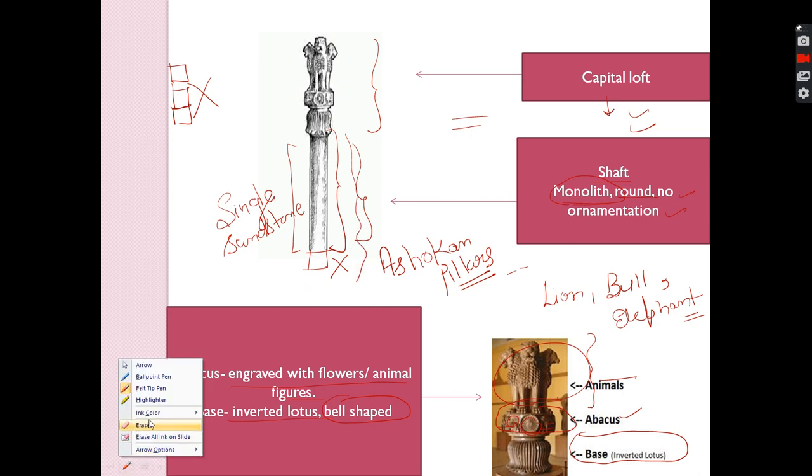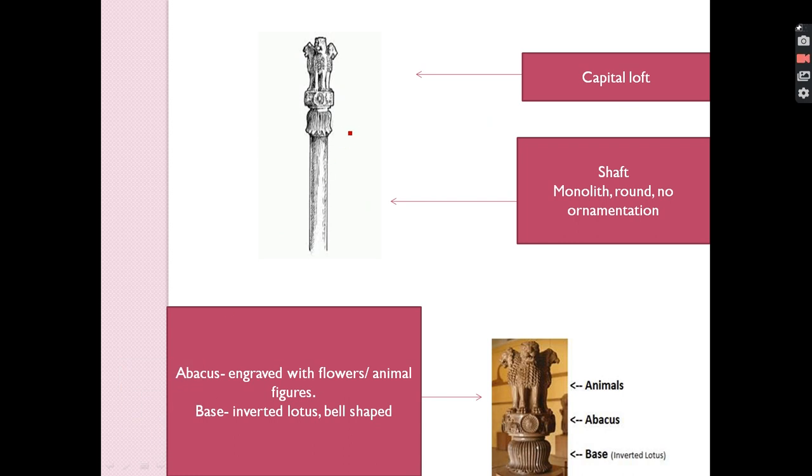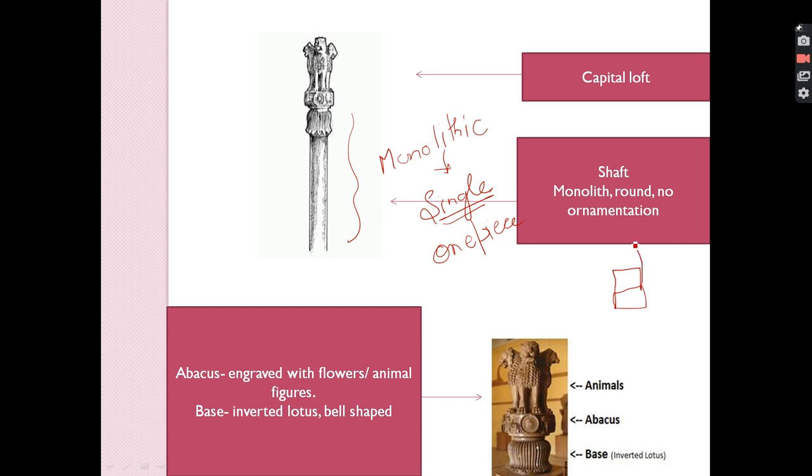So here in Ashokan pillars, we have a monolithic culture, right? Monolithic means single, one piece. But in Achaemenid, the pillars were constructed in parts. Like first this part was made, then this part, then this part, and then all three were combined. So this is the main difference.